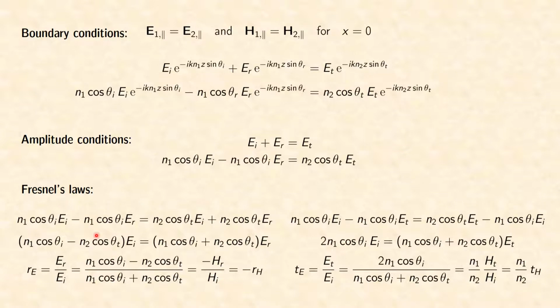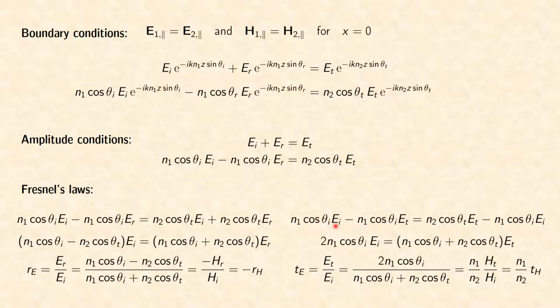However, there is also a Fresnel law for transmission, which defines the amplitude of the transmitted wave. And we can derive that when we solve the first equation for ER and insert this value in the second equation.